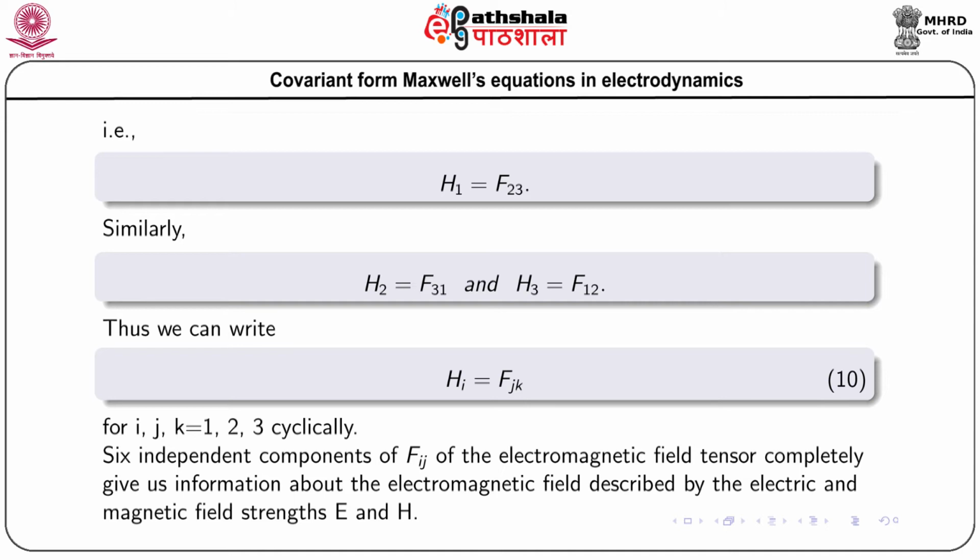So, 6 independent components of f_ij of the electromagnetic field tensor completely give us the information about the electromagnetic field described by the electric and magnetic field strengths E and H. So, we have expressed the electric field and the magnetic field as a solution of Maxwell's equation in the tensor form, in terms of the curl of A_i.